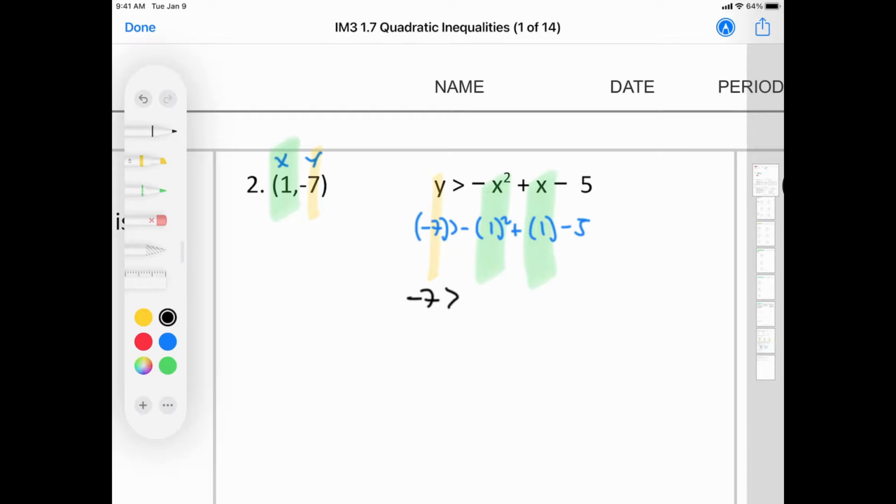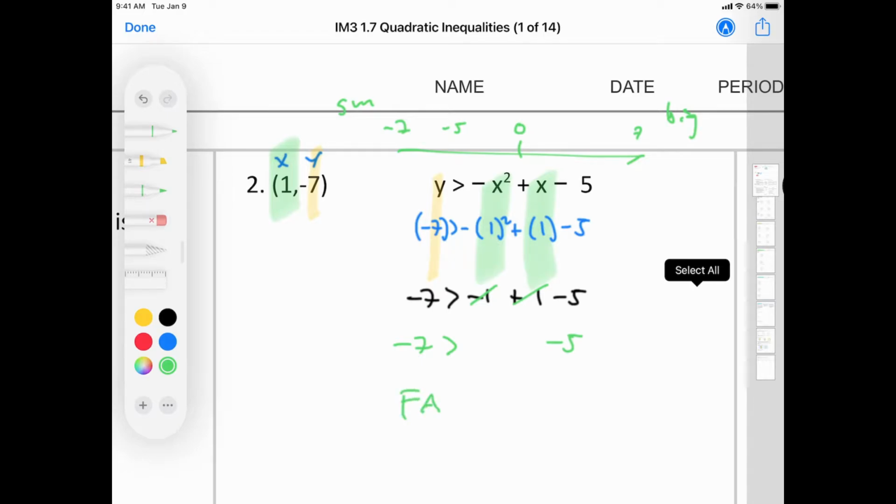The opposite of 1 is negative 1. Is equal to 0, so is negative 7 bigger than negative 5? You can think of a number line. 0, let's call this one 7, negative 7, here's negative 5, so these are smaller numbers and these are bigger numbers. So negative 7 should be smaller than negative 5, but it doesn't have that, so this would be false or not a solution.